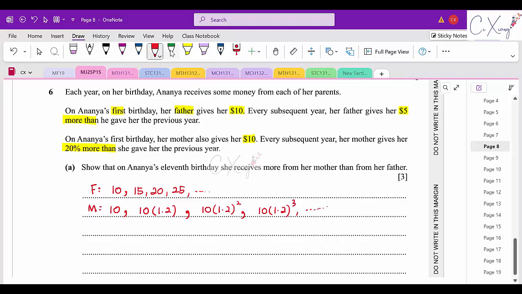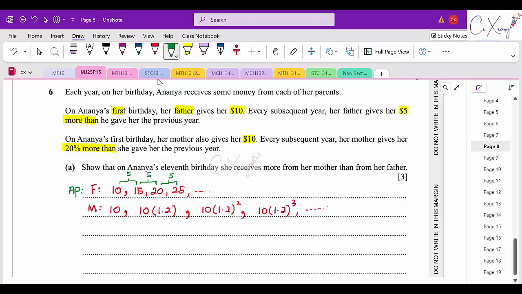I don't know whether you're aware or not, but if you look at the amounts of money given by the father and mother, for the father, it forms a progression where the amount increase is fixed or constant every single year. This progression we call an arithmetic progression.